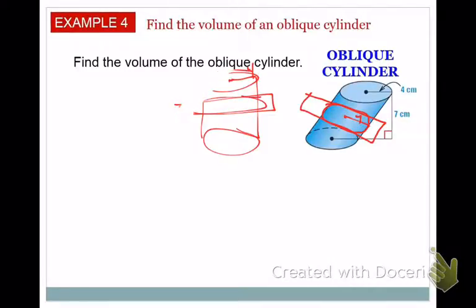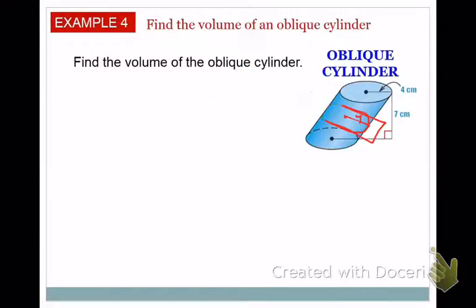So what that tells us is that we can use the exact same volume formula to find the volume of an oblique cylinder as we used to find a right cylinder. It doesn't work that way with surface area, but it works that way with volume. So all we got to do is find the area of the base times the height.